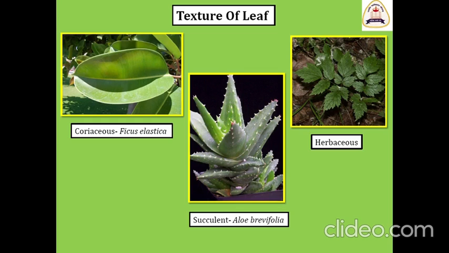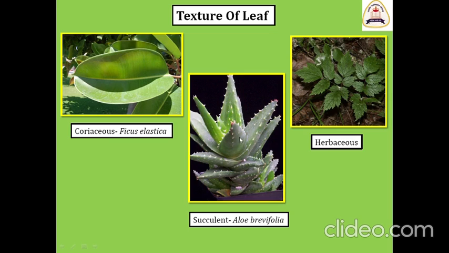The texture of the leaves may be coriaceous, meaning hard, with a thick waxy appearance, as in the case of Ficus elastica. This is the coriaceous leaf. Another is succulent. Succulent plants contain special storage tissue in the leaves or other parts.